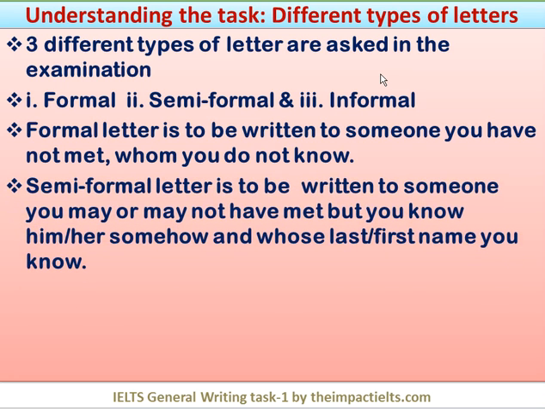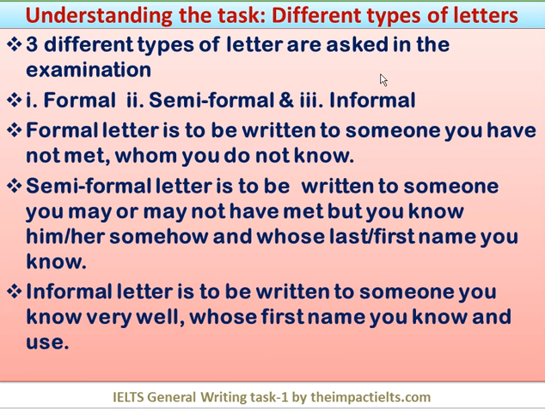Second is semi-formal letters. Again, this is a kind of official situation. Perhaps you're not very well acquainted with someone, so there you will write semi-formal letters. But informal letters you write to someone whom you know very well, can be a friend, family members.